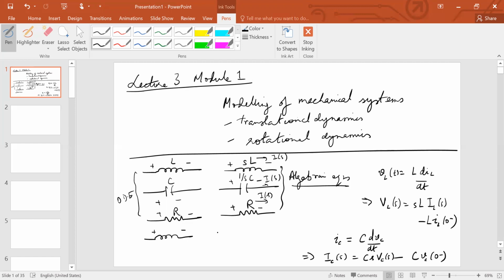So if this is the actual inductor for which the differential equation is written, then you must replace this in the transform domain, with this being the direction of flow of the current. So this is the plus terminal and this is the minus terminal. Additionally, you must have a voltage source, and remember that the polarity of the voltage source must be opposite.